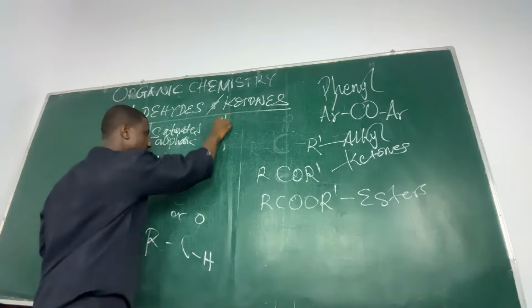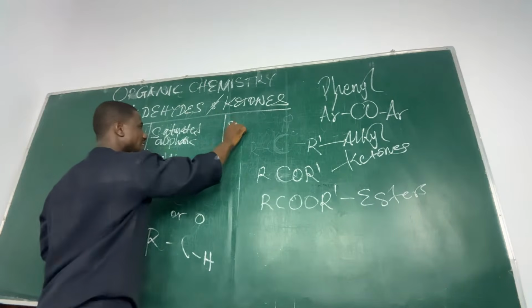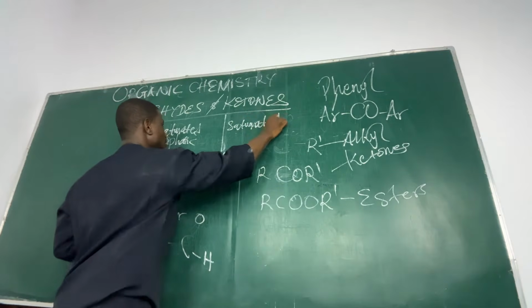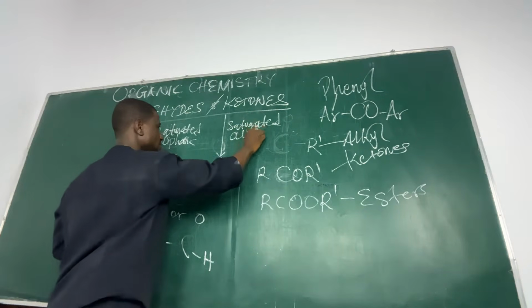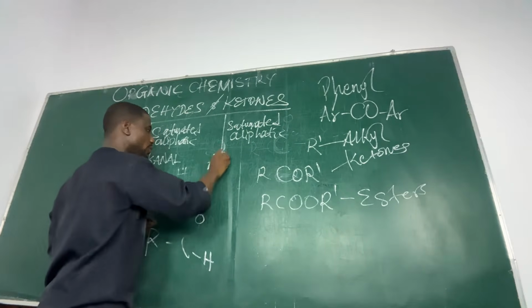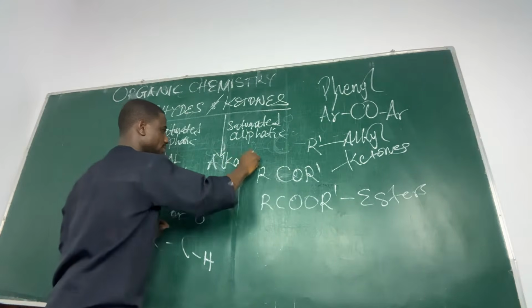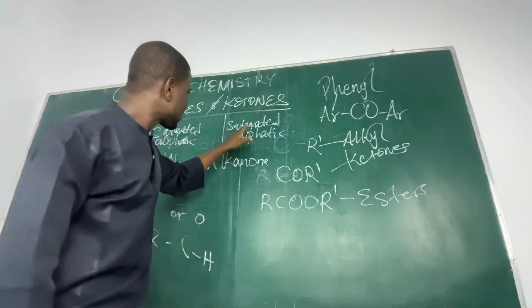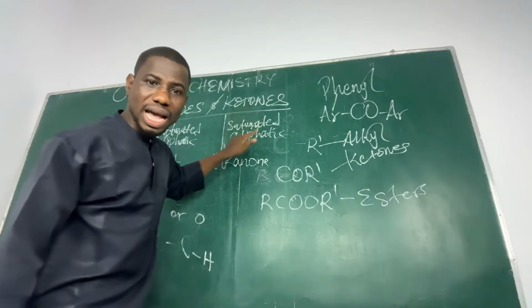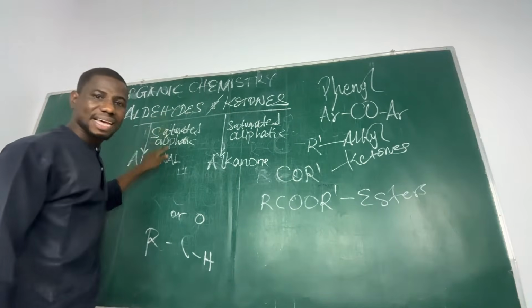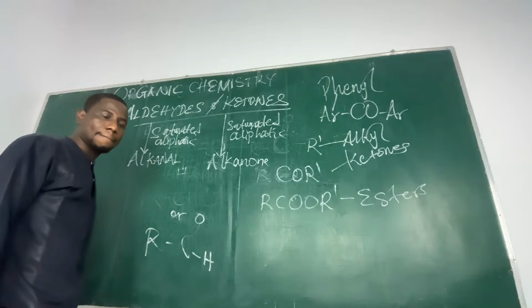But when this one is saturated aliphatic, we call it ketone. Sorry, we call it alkanone. So that's why I said that saturated aliphatic ketones are called alkanones, but saturated aliphatic aldehydes are called alkanal.